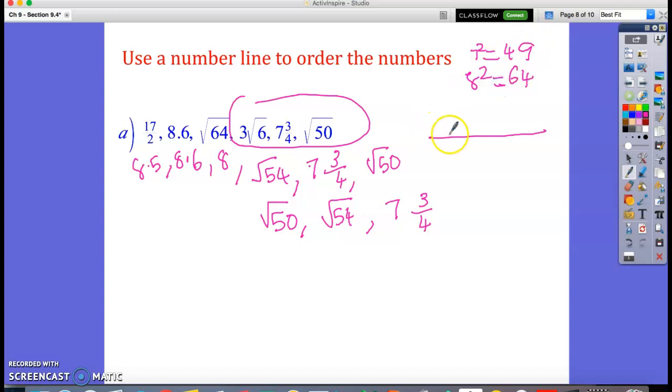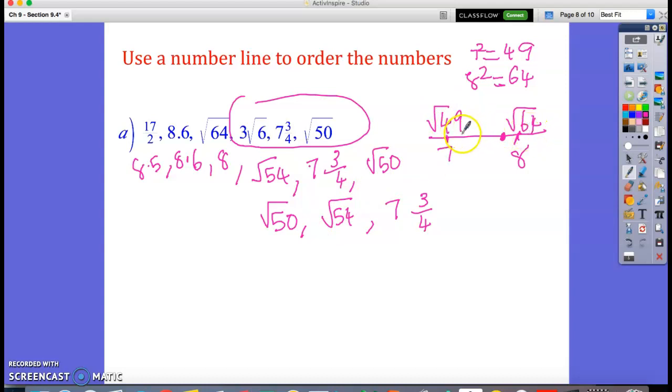So this is 7 and this is 8. So this is square root of 49 and this is square root of 64. So 7 and 3/4 will be closer to, this is 7.5. So this will be 7 and 3/4, right? It will be over here, right? Now our square root of 54 is closer to 49 than 64, right?